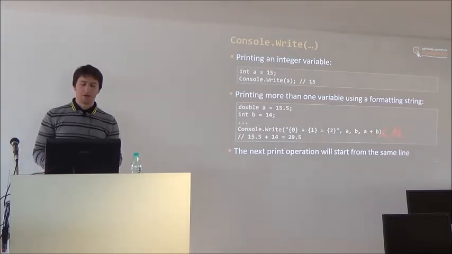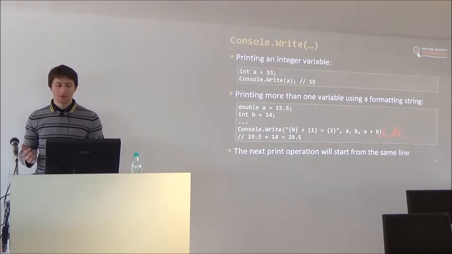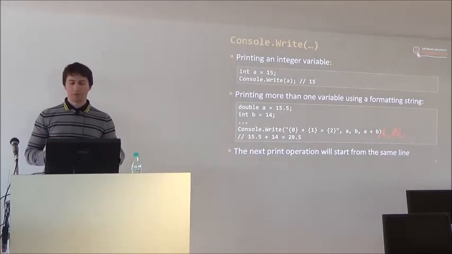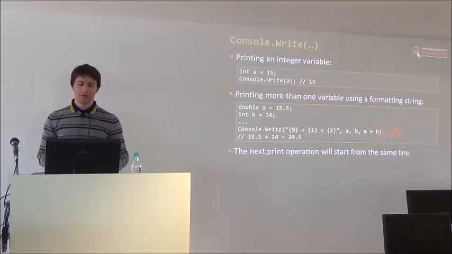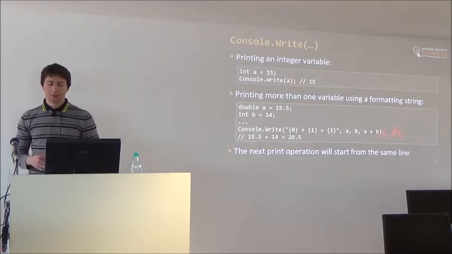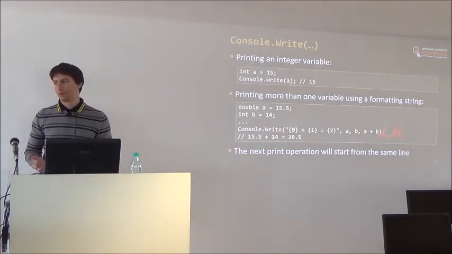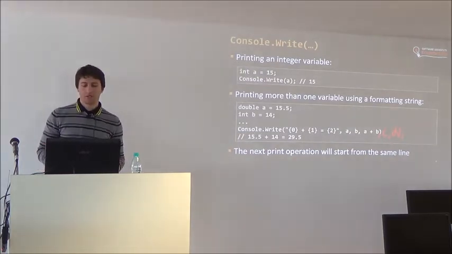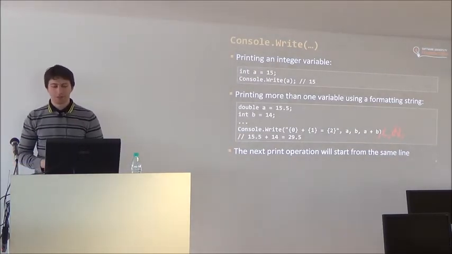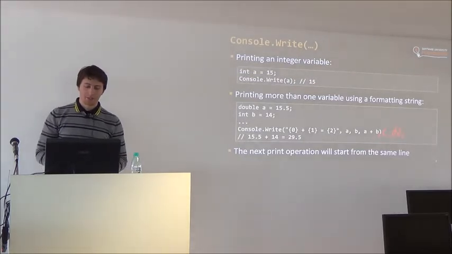This is perfectly fine. I'm using only A, B, and A plus B. I never use curly braces 3, which will be C, or I never use curly braces 4, which is D. So this is perfectly fine. I'm just not using them. So the compiler won't say anything. At runtime, you'll probably see no exception as well.